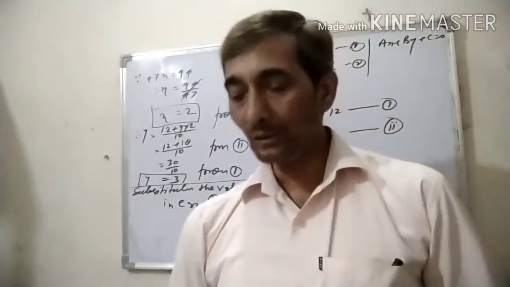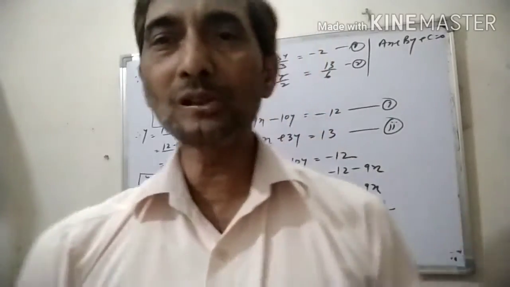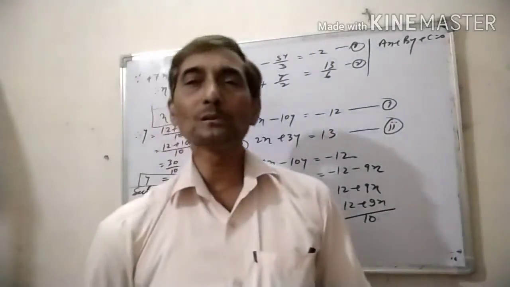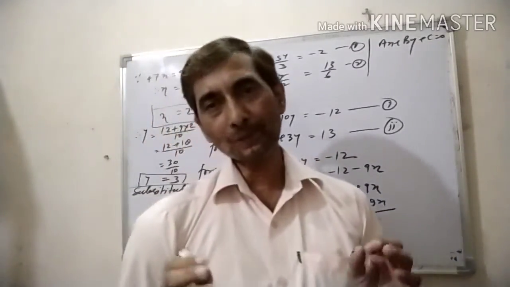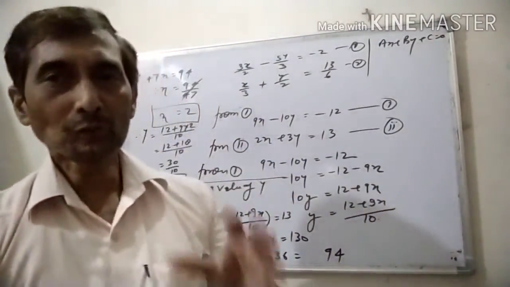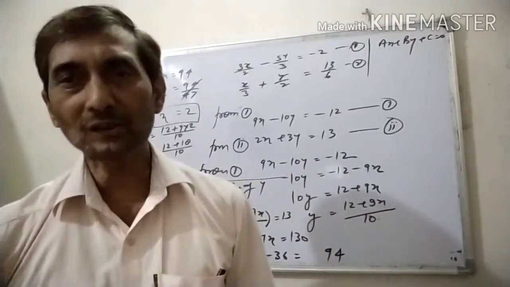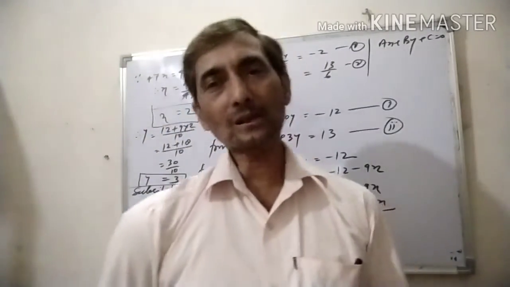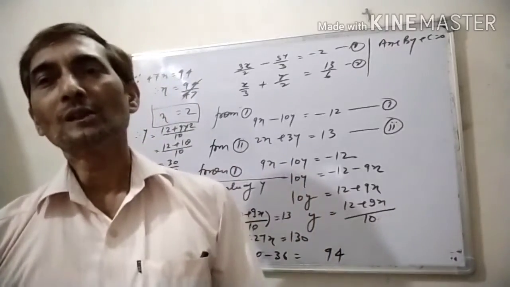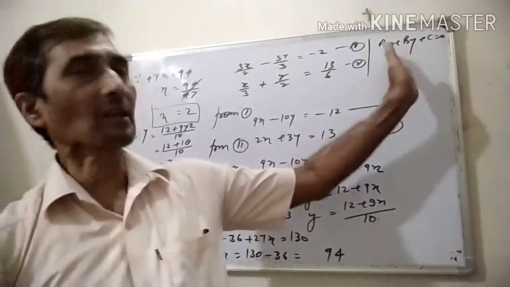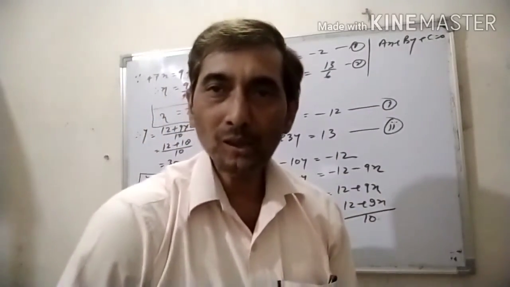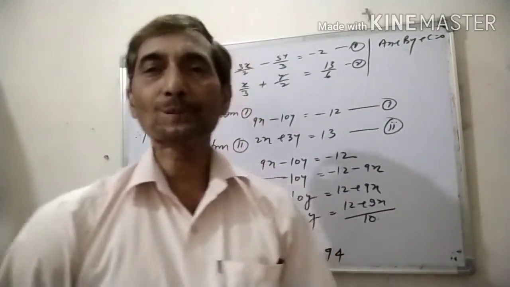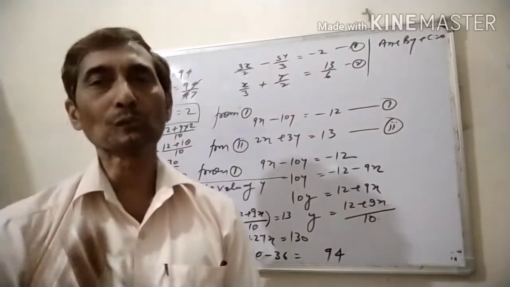So student, you see, if you want to solve your linear equation by this method, then first of all, if your equation is not in the standard form, convert it into standard form. After that, try to find the value of y in terms of x from equation number 1 or 2.